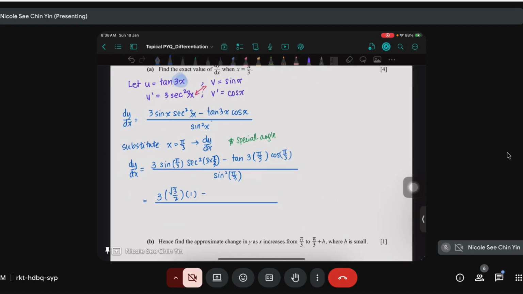Minus, the next one is tangent pi, which is actually 0, so we multiply with cos pi over 3, which is actually half.